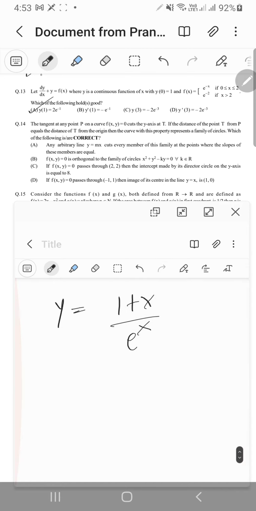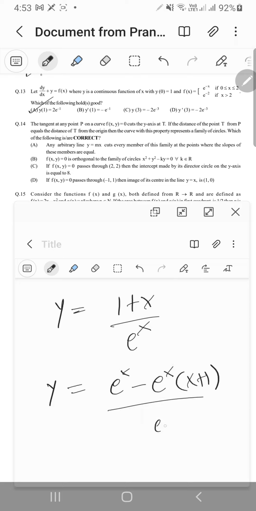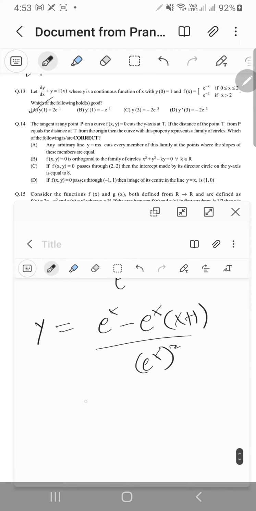Yeah, and the derivative of that thing, so y equal to e power x minus rate of the downside thing, okay, times x plus 1 upon e power x squared. So this would just be 1 minus x plus 1, which is minus x upon e power x.